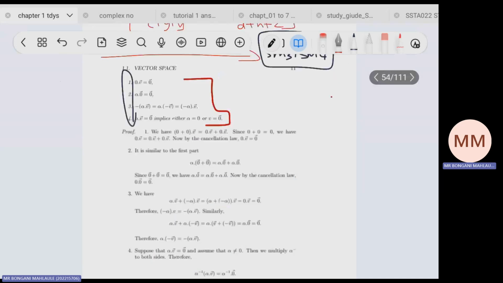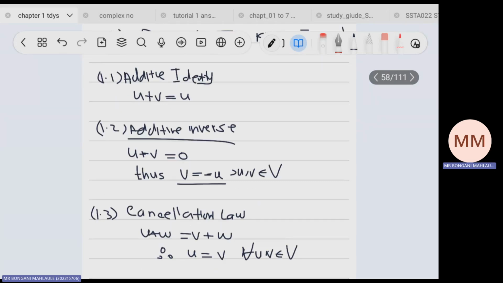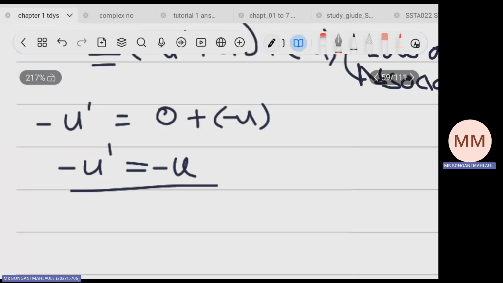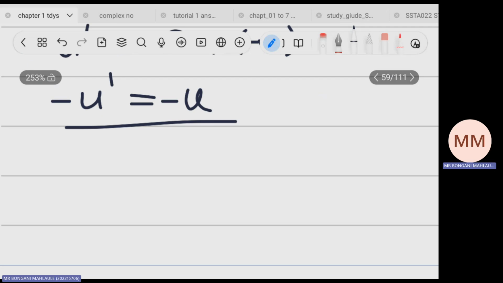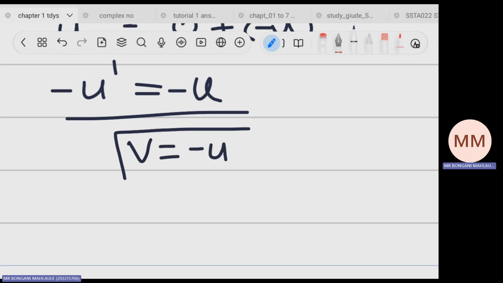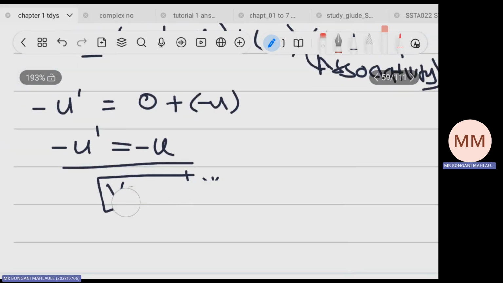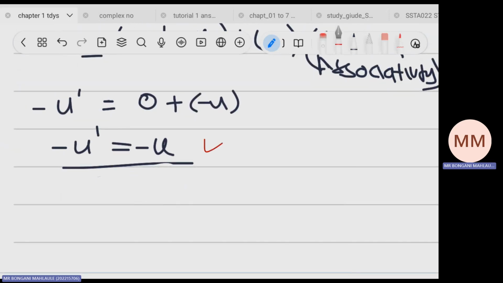So for the last one, in the final answer we should be getting v equal to negative u. Yes, this is correct.